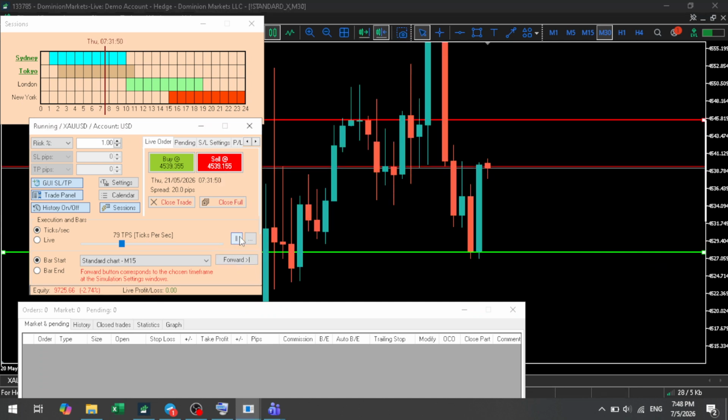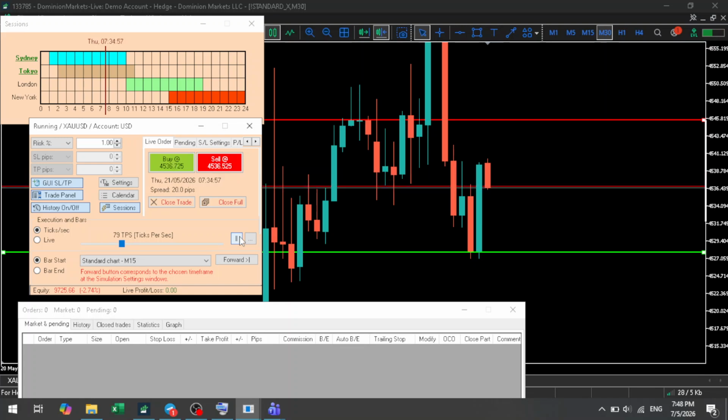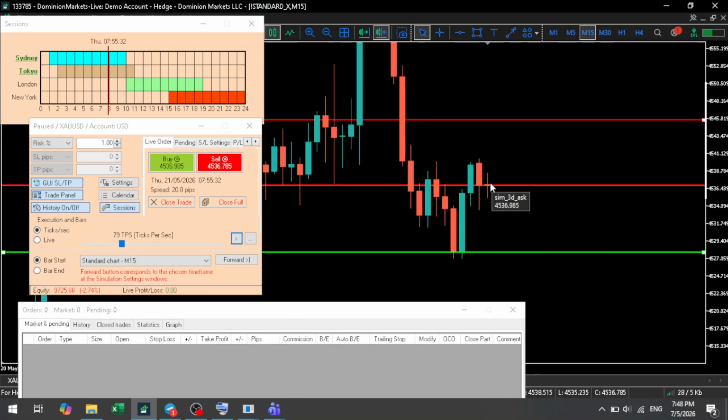At this point, it is not clear if we are going to move up or down. 7 minutes have passed. Too much volume and tick data in this candle. Oh, 15-minute closed.